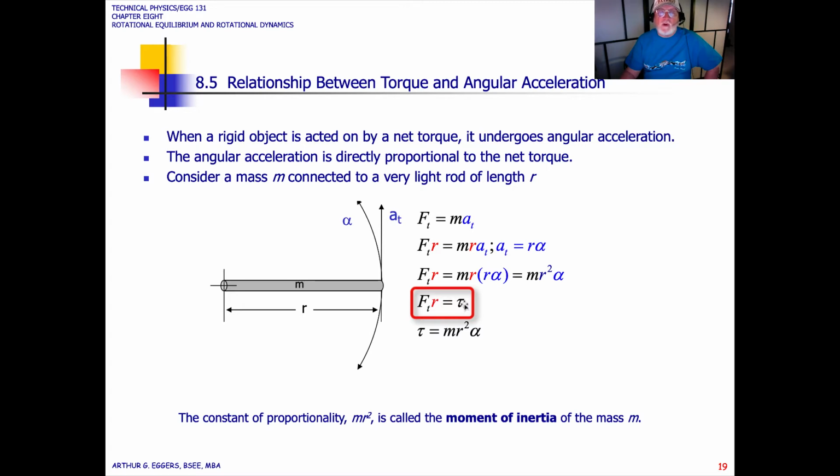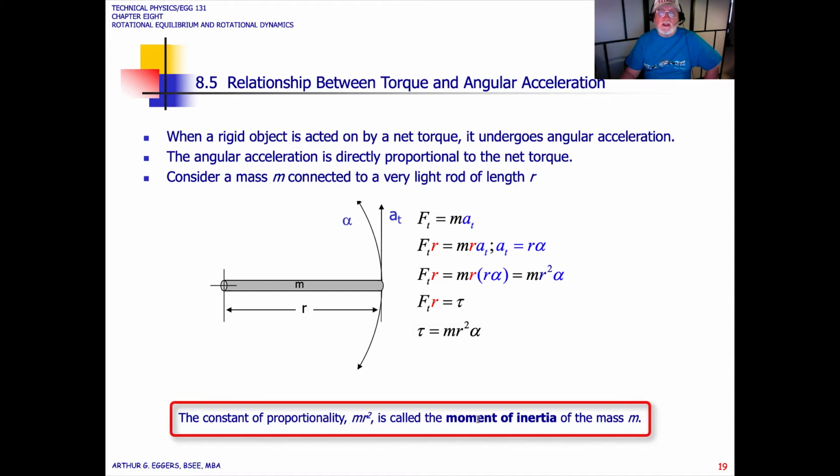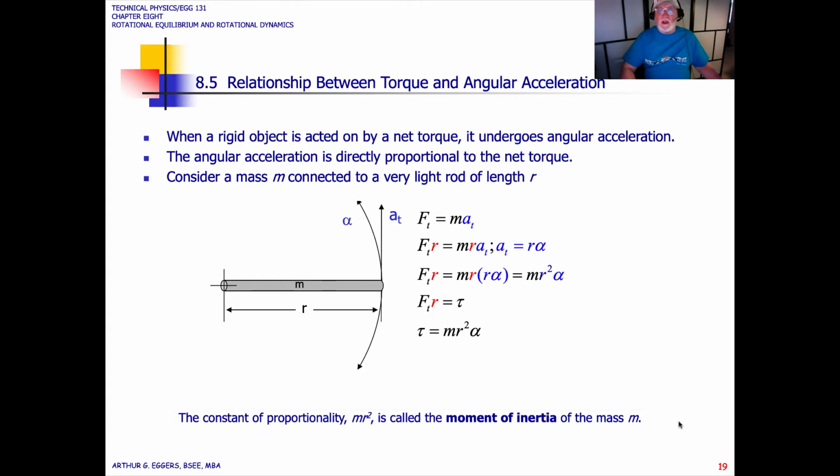So taking it one more step, torque, tau, must equal mass times radius squared times the angular acceleration. This constant of proportionality, mass times radius squared, is what we call the moment of inertia of the mass. And the moment of inertia, we're going to find out, is based on the geometry of the object itself.